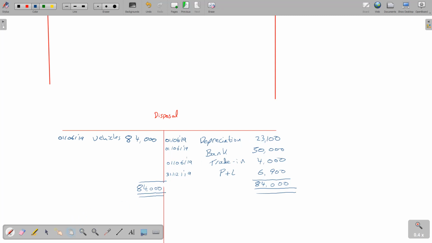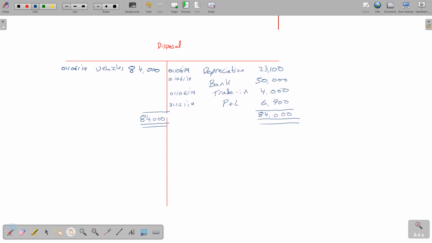So is that an expense? Is it a gain? Well, there's a few ways to think about it. P&L is a T account. If we're double entering that into our P&L account, we'd have 6,900 here. So it has to be an expense because it's on the debit side. So that is a loss on sale of disposal. So we'll just put loss.